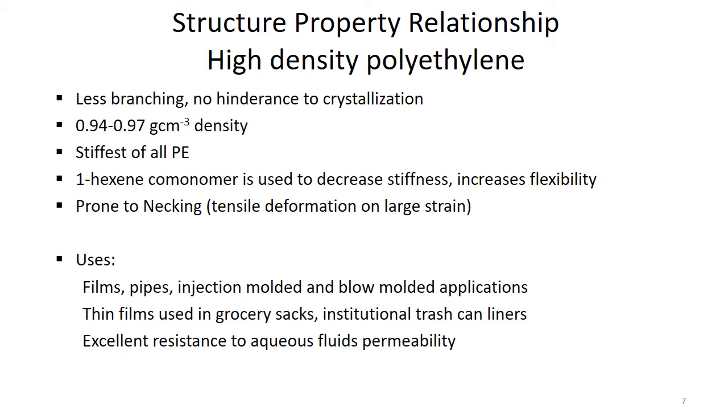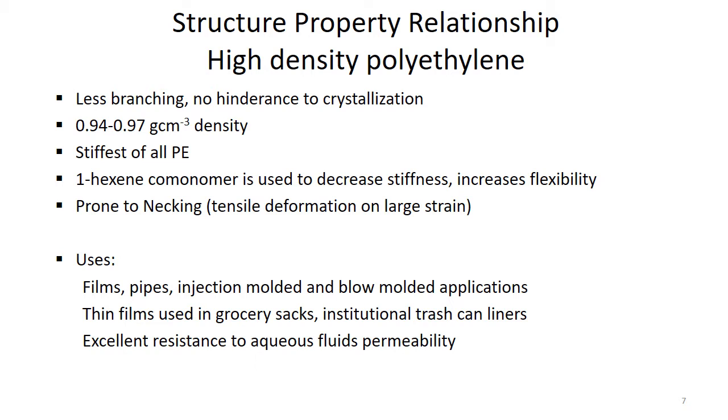Due to the low level of branches, there is almost no hindrance to crystallization. So almost 60% of the bulk polymer crystallizes, which translates into densities ranging from about 0.94 to 0.97 grams per cubic centimeter. So we can infer that this is the stiffest of all the polyethylene types.